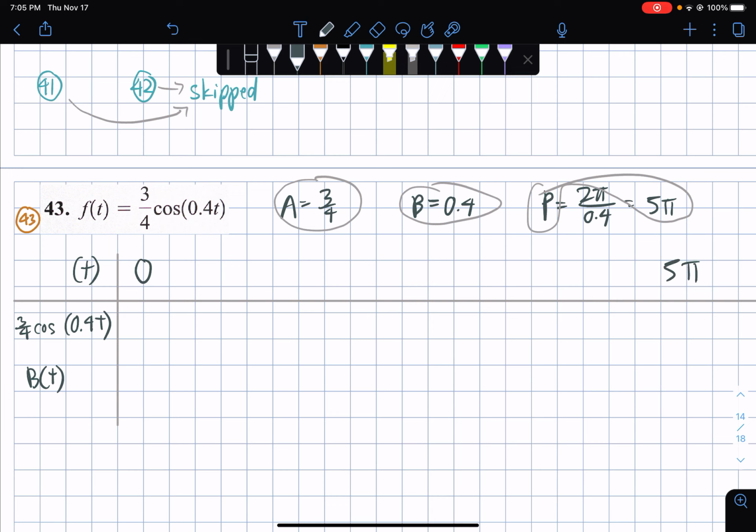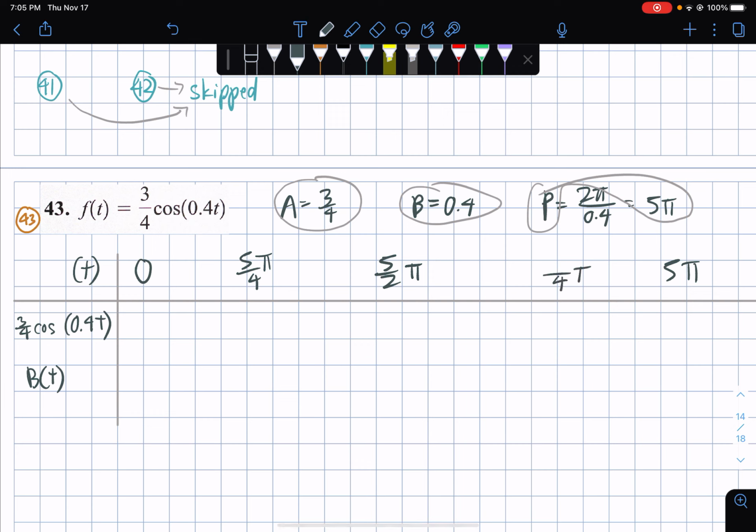5 pi divided by 2 is 5 over 2 pi. 5 pi over 2 divided by 2 is 5 pi over 4.